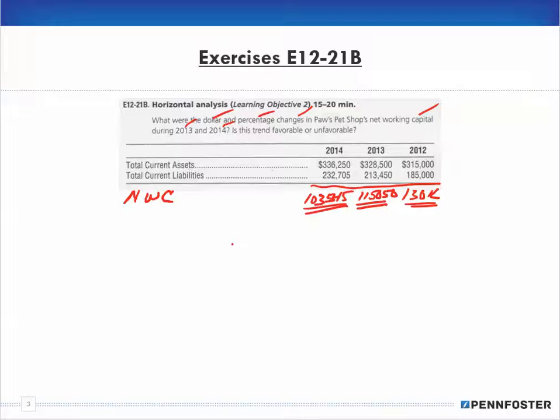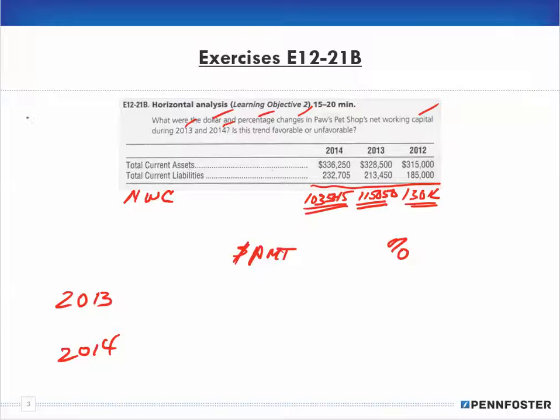Now the question wants a dollar amount. The dollar amount is the change, and the percentage, for 2013 and for 2014. The dollar amount should be easy because it's just the difference between this year and the previous year.